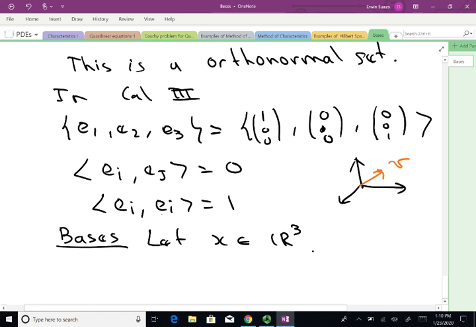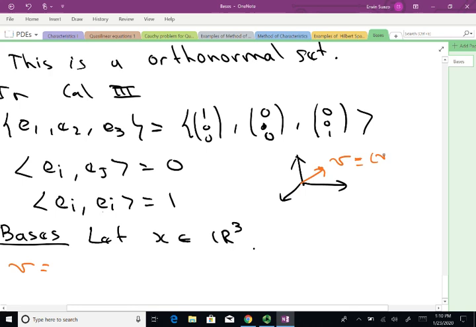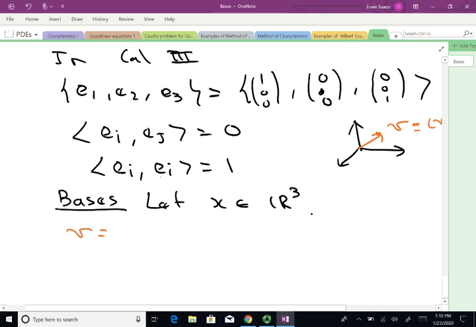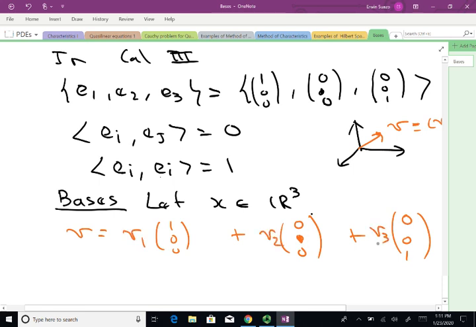From calculus 3, I know I can write b as b1 times (1, 0, 0) plus b2 times (0, 1, 0) plus b3 times (0, 0, 1). So my first coordinate is b1, my second is b2, my third is b3. In this case it's easy.